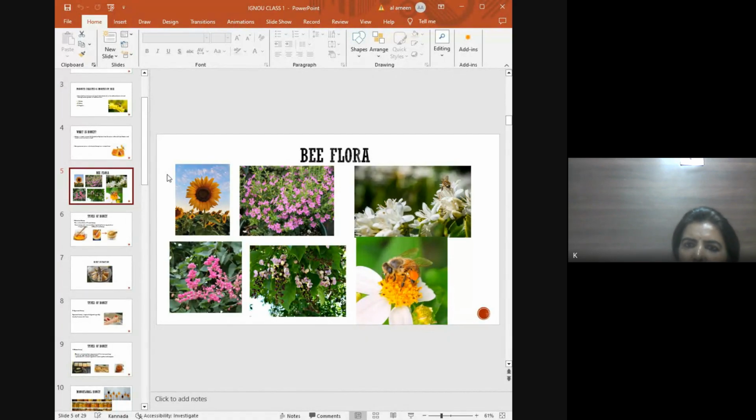This is called migratory beekeeping. Wherever there is a good source of honey or nectar, they just shift to that place. That way honey is being collected, because it's not always possible for the bees to have plenty of food. So this works out for them, and they go for migratory beekeeping.